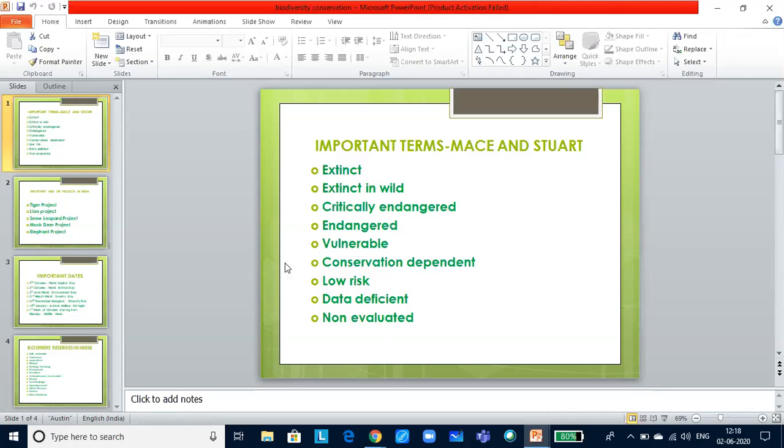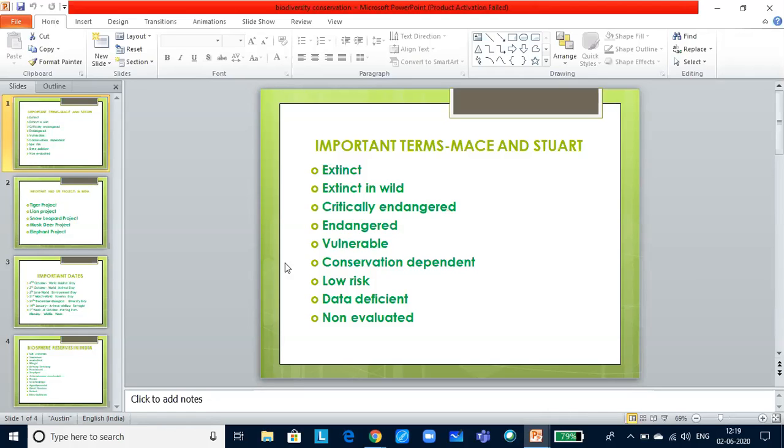You should know the meaning of them. IUCN was earlier known as the International Union for Conservation of Nature and Natural Resources. Now it has been renamed as the World Conservation Union, or WCU. WCU has its headquarters in Morges in Switzerland.